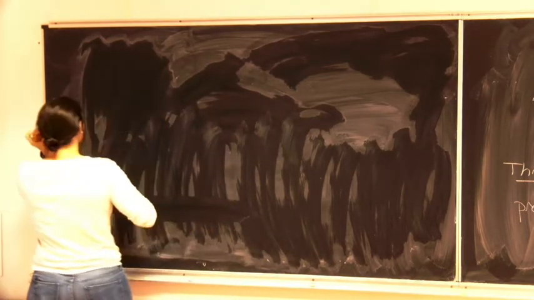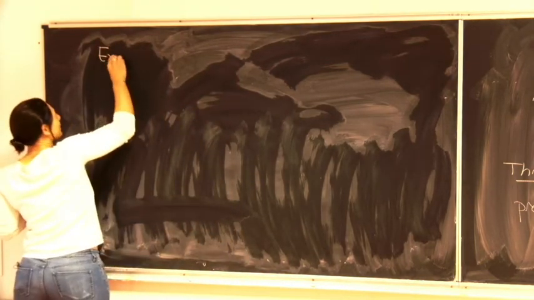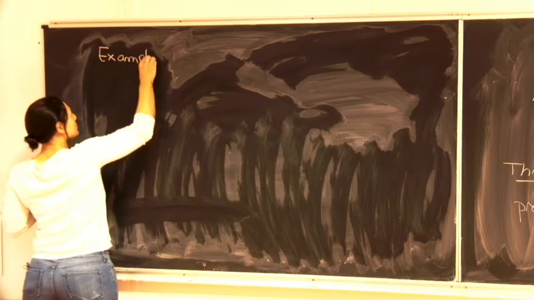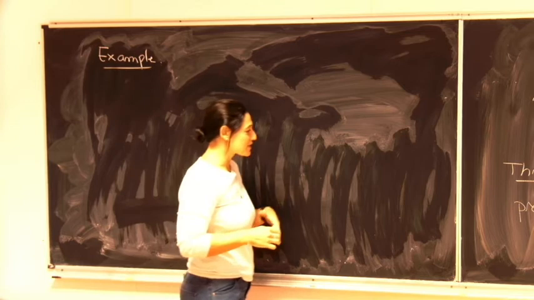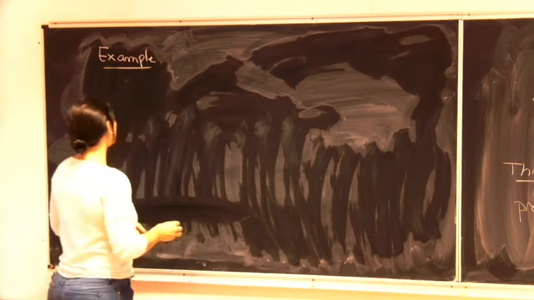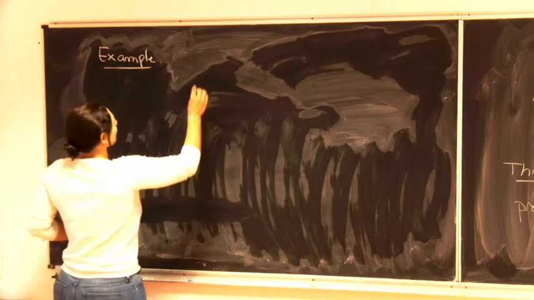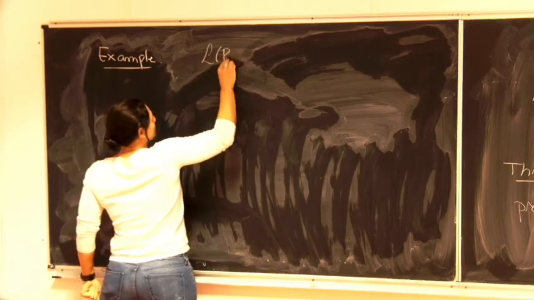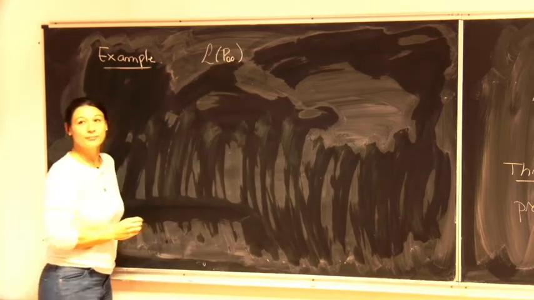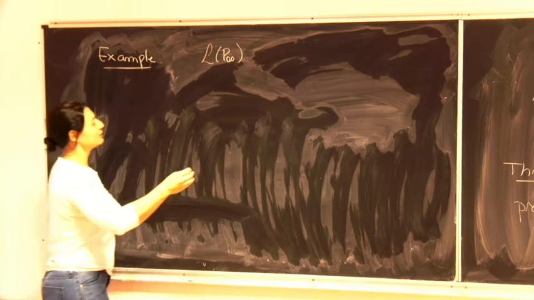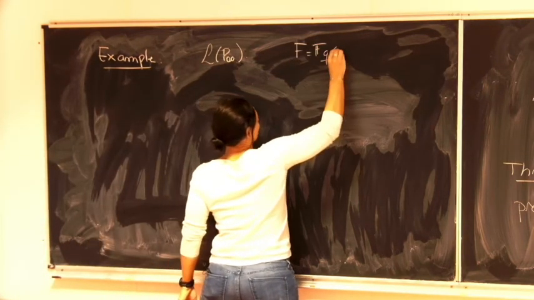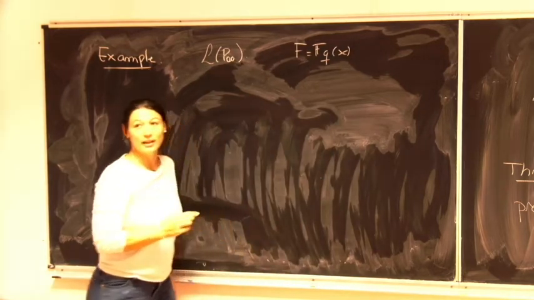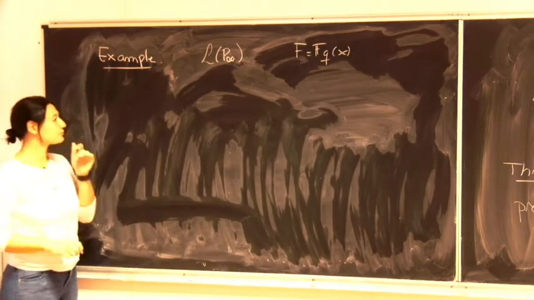But in order to see that, let's see an example. I was going to leave this as an exercise, but maybe it's better if we just go through this together. I want to study the Riemann-Roch space associated to the place at infinity, where my function field is the rational function field, as always. Okay? I'm working on this example.